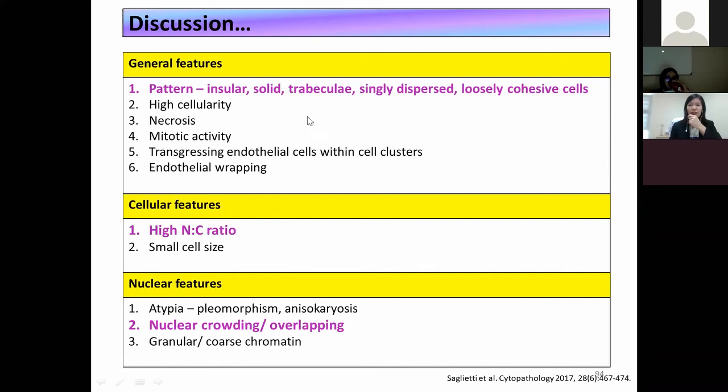You have to appreciate that they must be very tightly cohesive, very cellular, with an insular, solid, trabecular growth pattern. They may be singly dispersed, right? Very high NC ratio, and nuclear crowding and nuclear overlapping. So these are the 4 features, 1, 2, 3, 4, that are very predictive of poorly differentiated thyroid carcinoma, not very diagnostic.